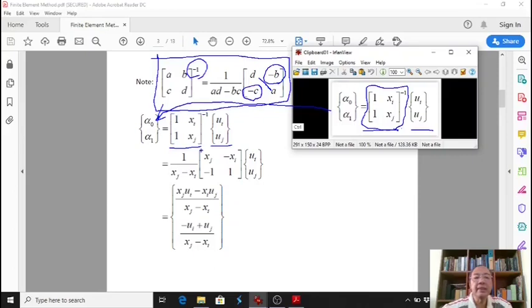So we will get 1 per 1 times sj, so this is sj minus xi times 1. So we get this from the AD minus BC just now.